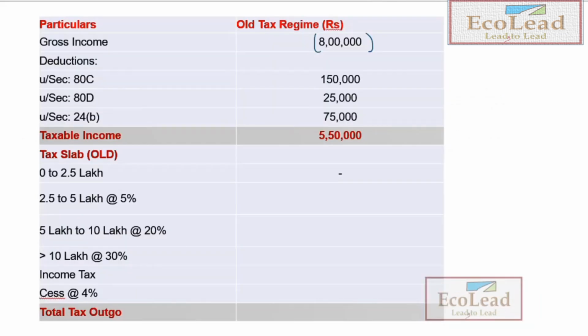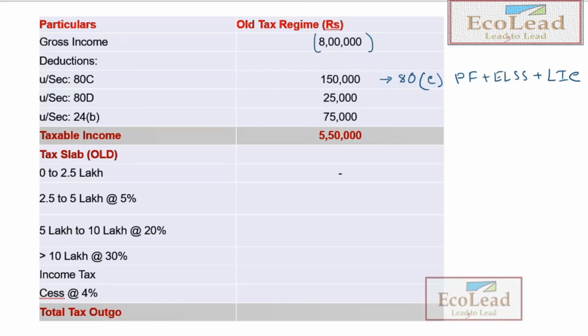Under the old tax regime, the gross income is 8 lakh, but if we deduct here 1,50,000, that is coming under 80C. So under 80C, what are the components? That is PF plus ELSS plus LIC premium.